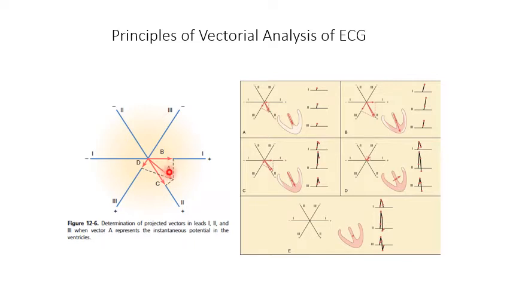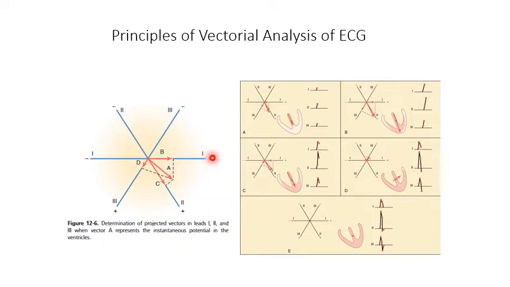So A represents the main cardiac axis, or what we call the instantaneous cardiac axis. This is the vector representing the instantaneous electrical potential in the heart.